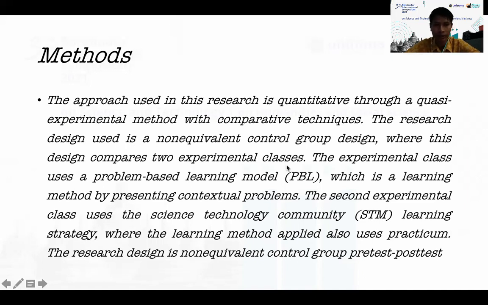The second experimental class uses the science technology community, or STS, learning strategy, where the learning methods applied also use practicum. The design uses a non-equivalent control group, pre-test, and post-test.